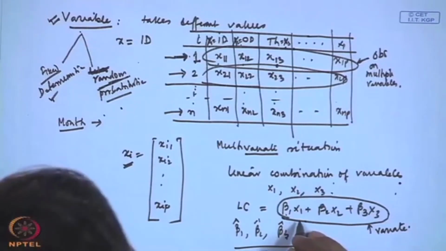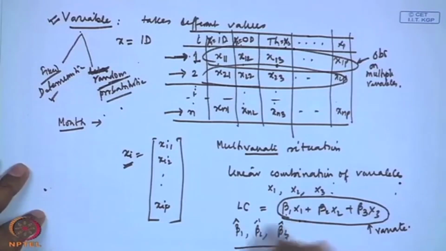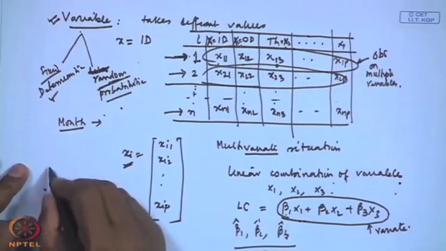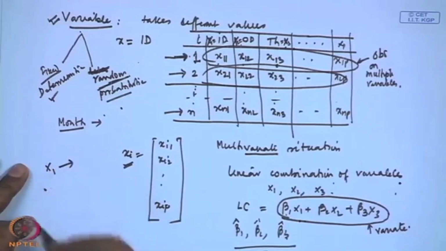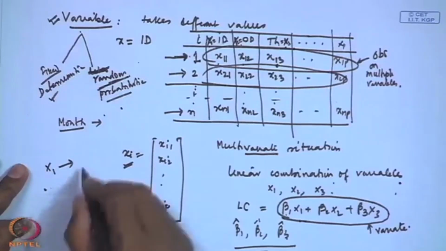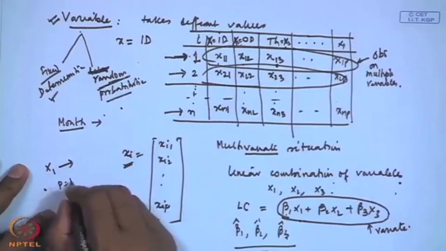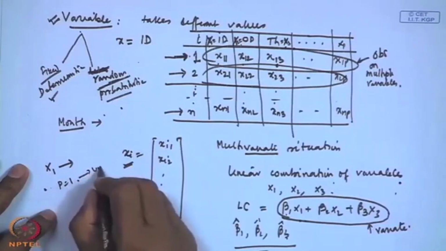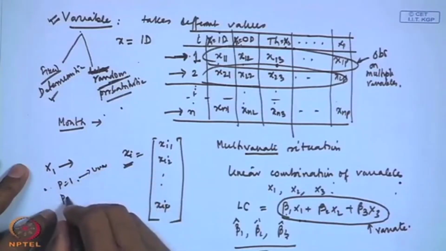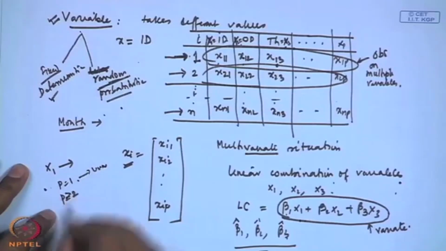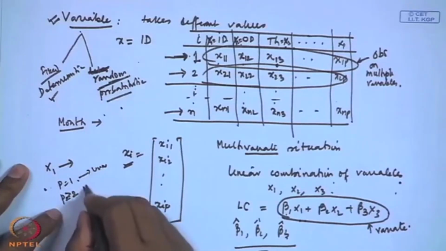Now, in this case, you can go for one variable. That means, if I say there are p variables, and we are going for one variable, p equal to 1, then that will be univariate. When we go for p greater than or equal to 2, that is multivariate.